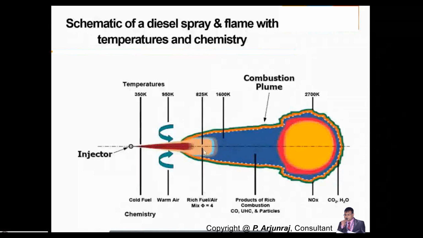And when it goes to the next stage, where the piston moves from BDC to TDC, the air gets a complete mixture. And here the temperature is going to be 1600 Kelvin. And here is where the combustion products also come: carbon monoxide, hydrocarbon, unburned hydrocarbon, particulate matter.